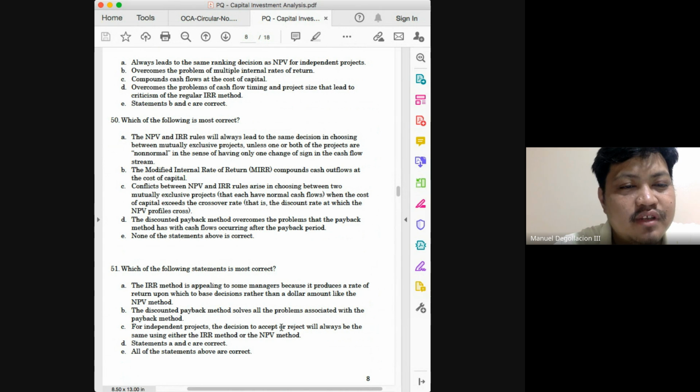Letter C, conflicts between NPV and IRR rules arise in choosing between two mutually exclusive projects when the cost of capital exceeds the crossover rate.